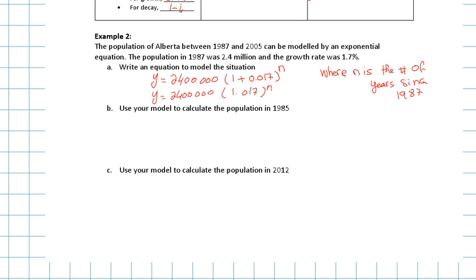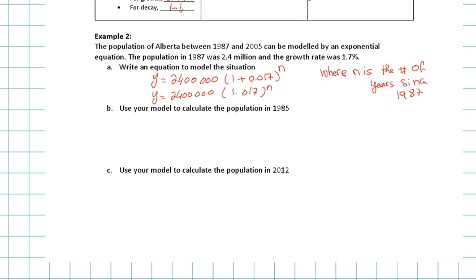I always know that if it's 1 million, you put 6 zeros. So if you want to find 2.4 million, just multiply 2.4 by a million, which is 1 and 6 zeros.